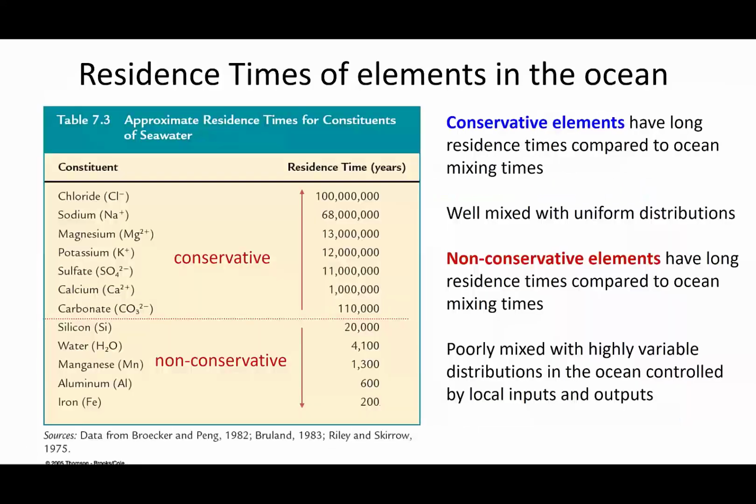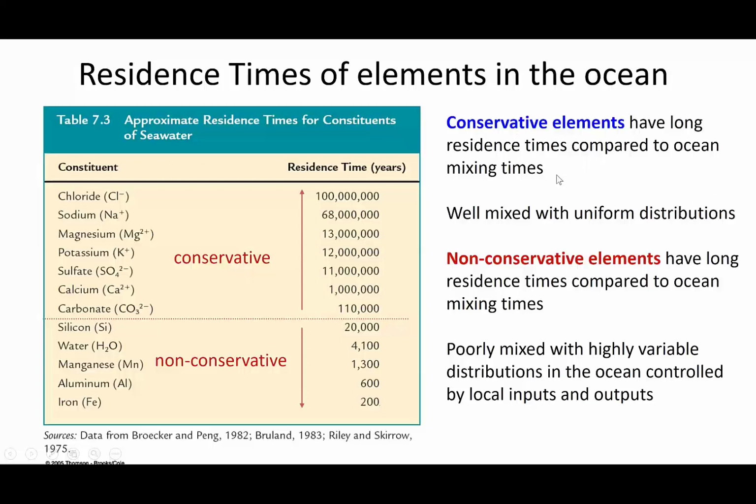Now, just a final note here about using these residence times, and this is sort of interesting when we start looking at chemical oceanography, is that all these elements or ions that have residence times greater than 100,000 years, they're known as conservative elements in the ocean. So they have long residence times compared to ocean mixing time.